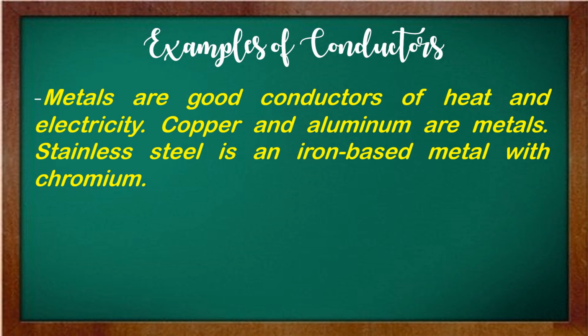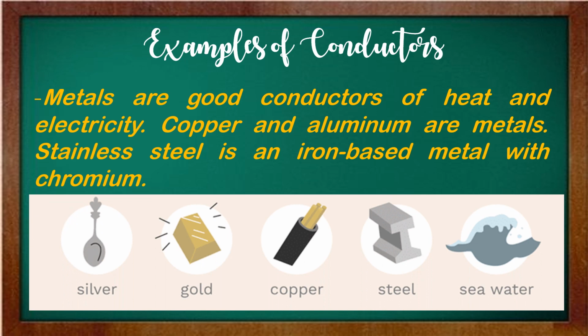Metals are also good conductors of heat and electricity. Copper and aluminum are metals. Stainless steel is an iron-based metal with chromium. Here are the samples in the picture. We have silver, gold, copper, steel, and seawater.